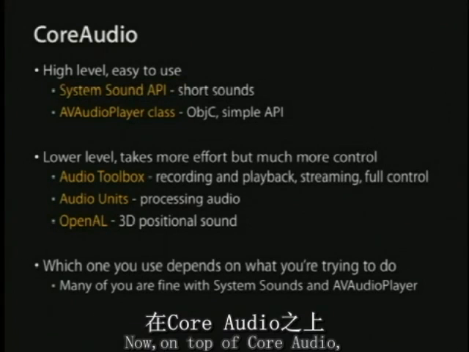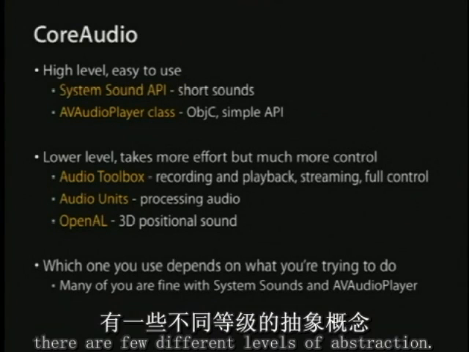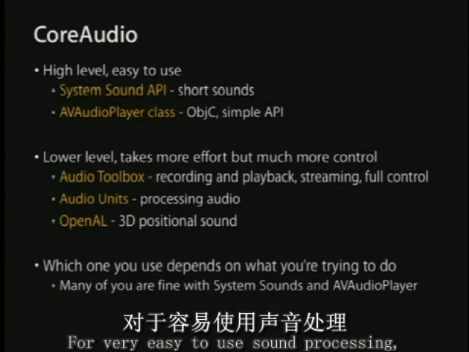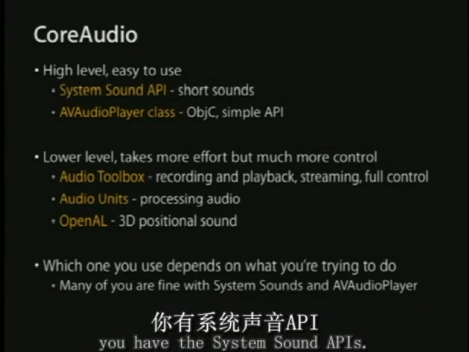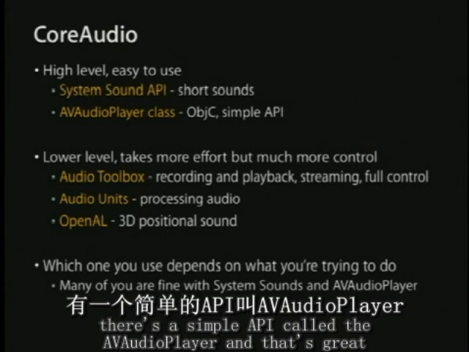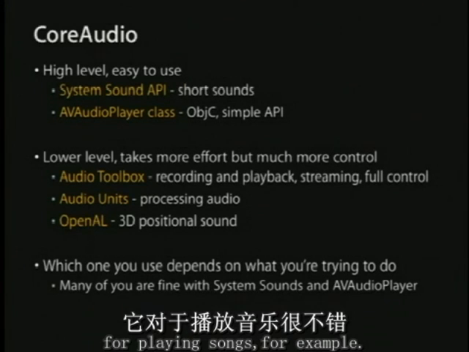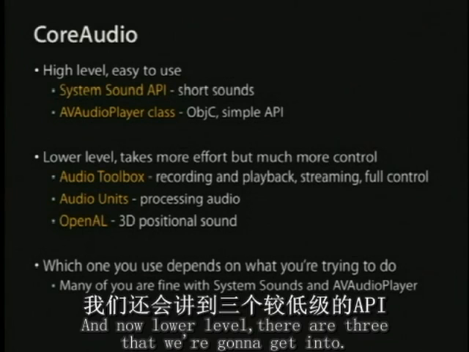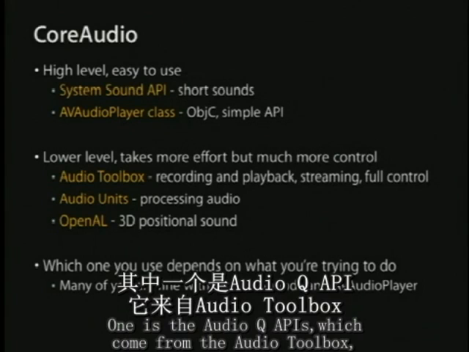Now, on top of Core Audio, there are a few different levels of abstraction. For very easy-to-use sound processing, you have the System Sound APIs. For something a little more Objective-C friendly, there's a simple API called AVAudioPlayer, and that's great for playing songs, for example. And at a lower level, there are three that we're going to get into. One is the Audio Queue APIs, which come from the Audio Toolbox.